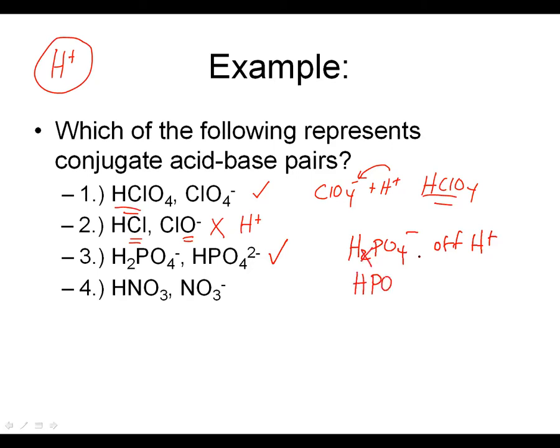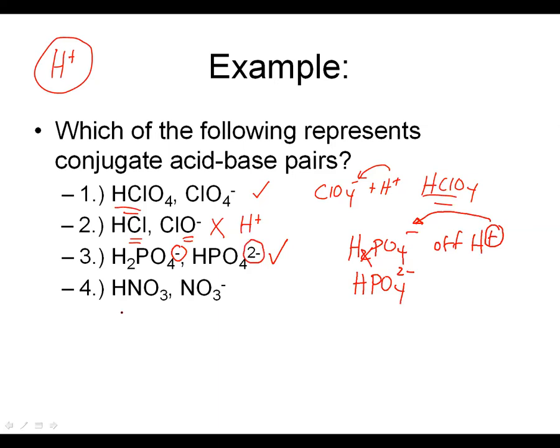The plus is important. When you take off the plus, you become one more negative, and that's how we get to basically -2 there. So it's important to remember that the plus is changing the charge as you go from one to the next. This is a pair, as the only difference is that H plus.